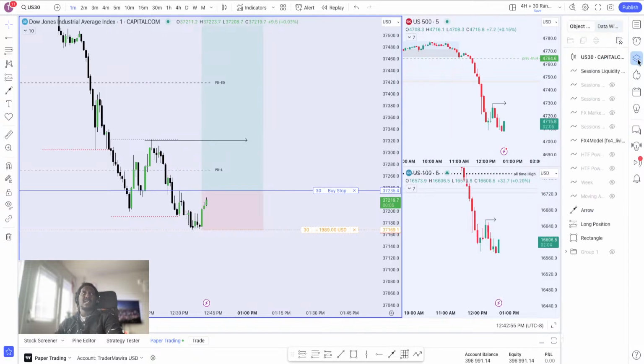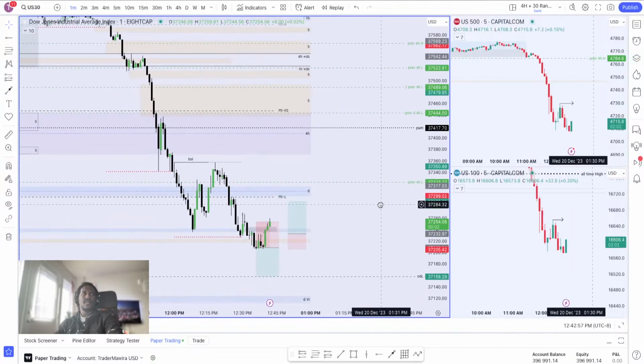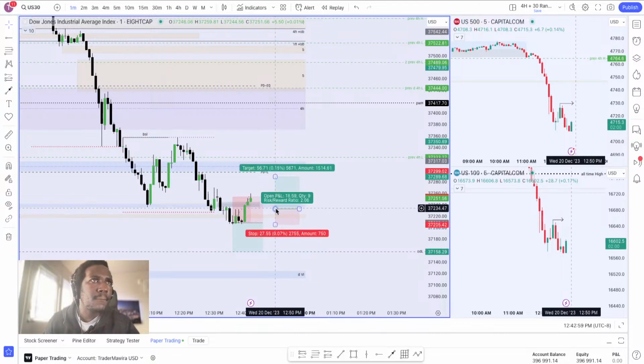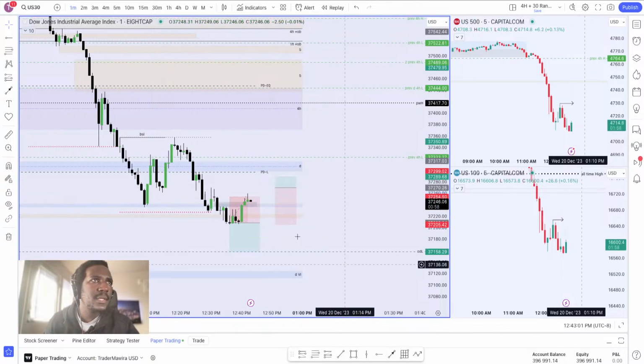So let me see if I can have this thing right here real quick. Stop loss entry right there, and the stop.